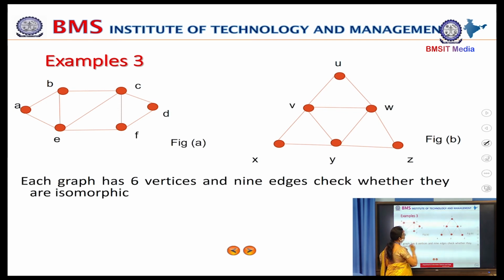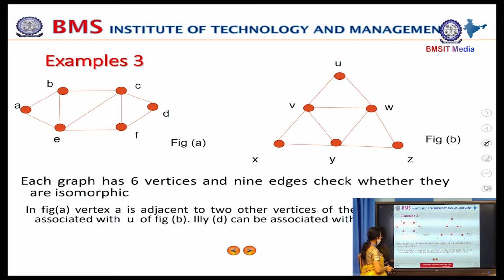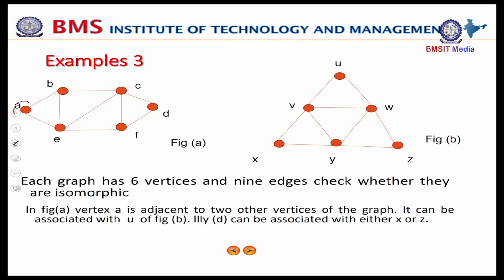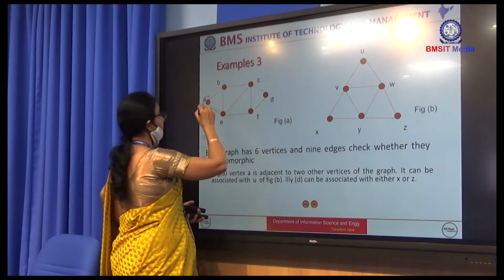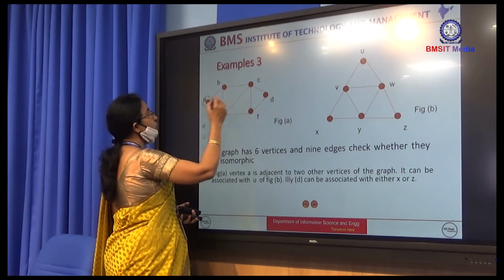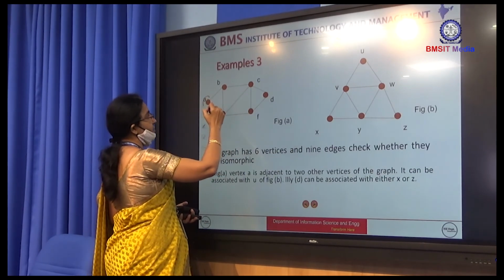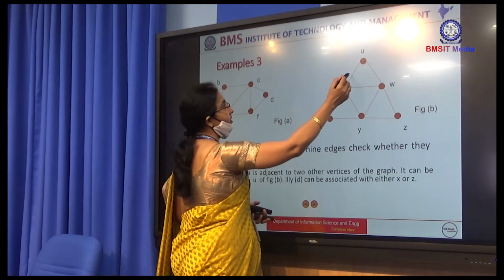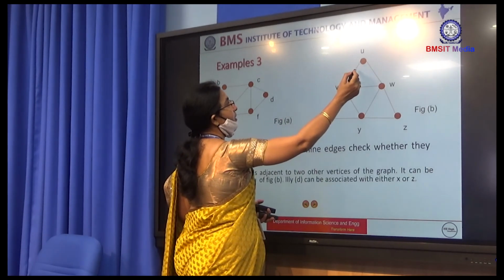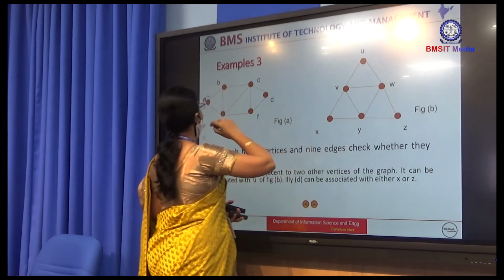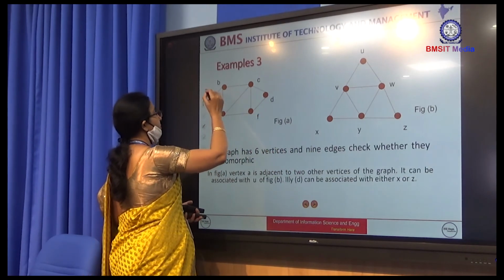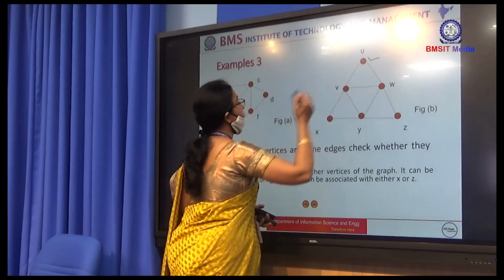Now we need to check whether these two graphs are isomorphic. If I consider graph A, I am mapping A to U. A is having 2 adjacent edges, and U is also having 2 adjacent edges, so I can map A to U.